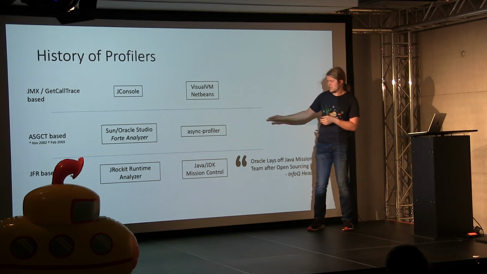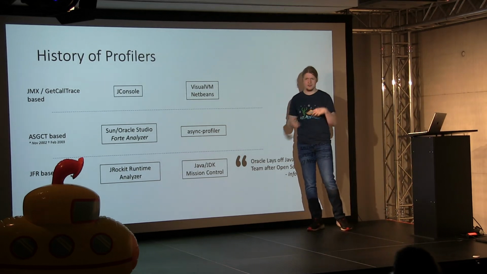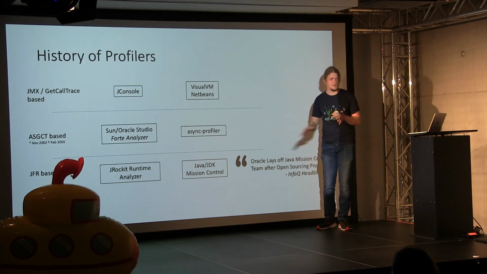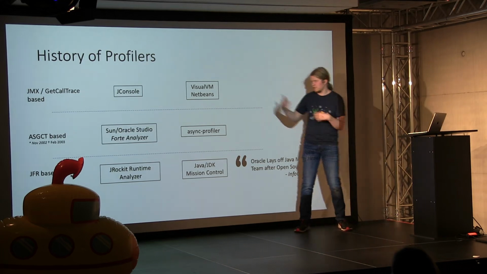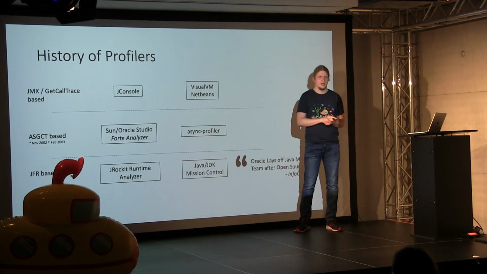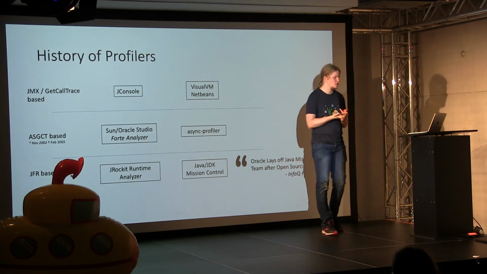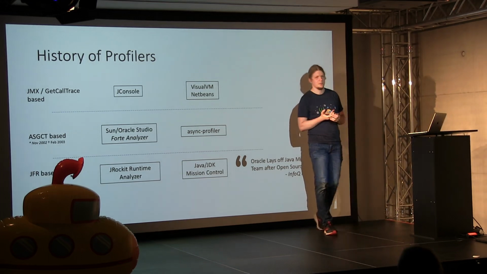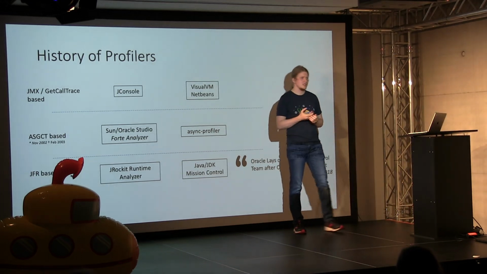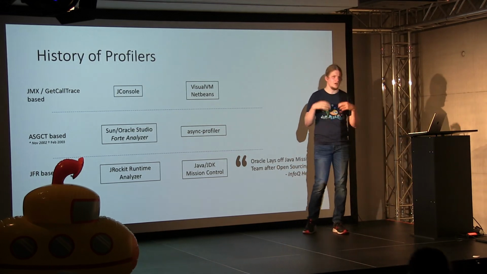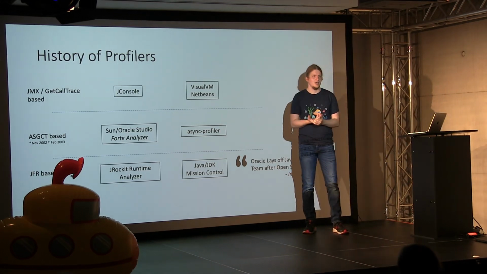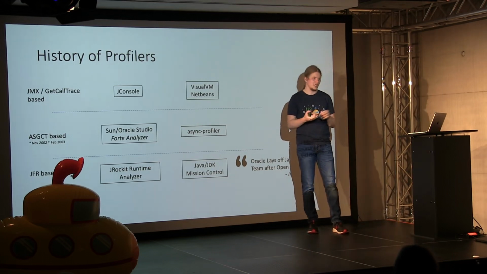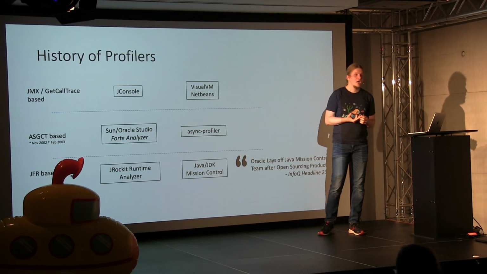They use AsyncGetCallTrace for the internal profiling, but I think they also rely on other methods like JFR-based, and also get information from the Java management beans. And there are of course internal profilers, for example the SapMachine JVM profiler that SAP developed, that use their whole internal code, because it was based on SAP's own JVM.